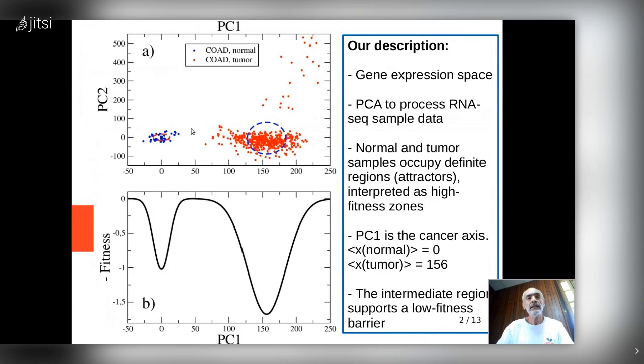Progression from the normal state to the cancer or tumor state, which is the right area here. And we will give some indications or some model to the way in which the progression occurs, or the motion of samples from this normal area to the tumor area occurs.